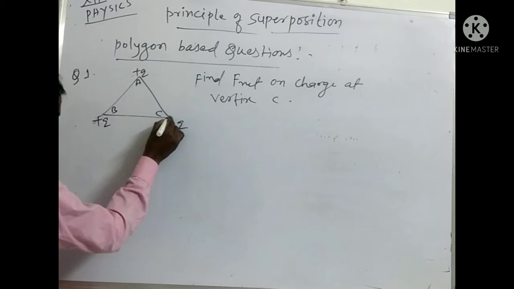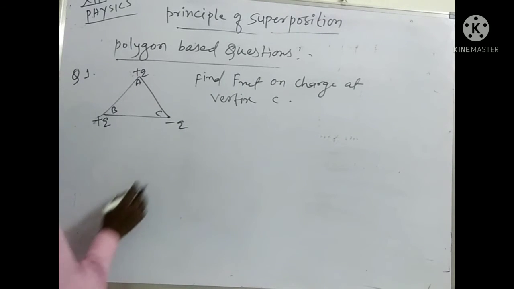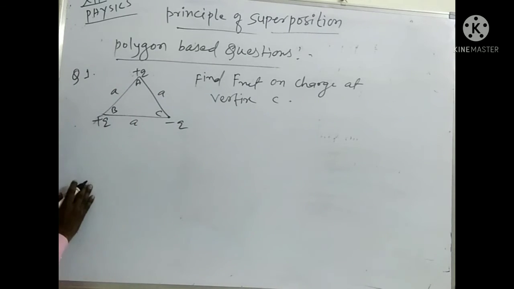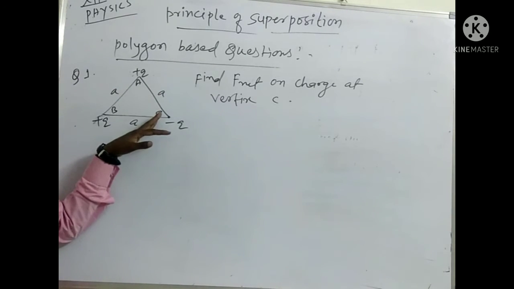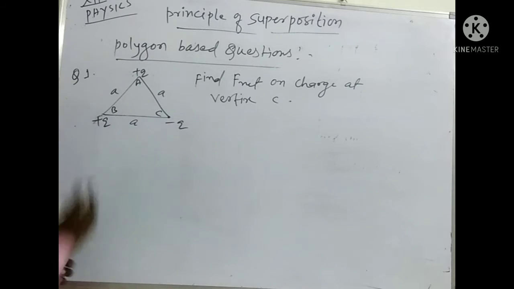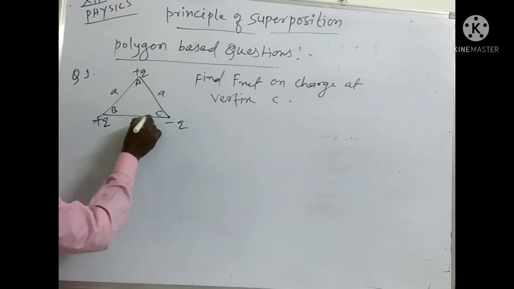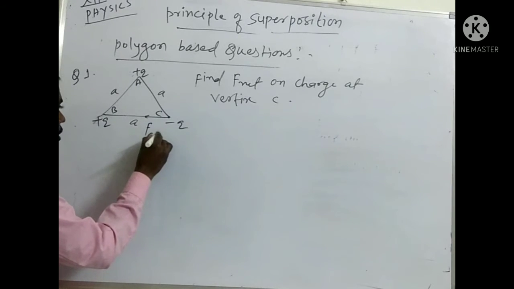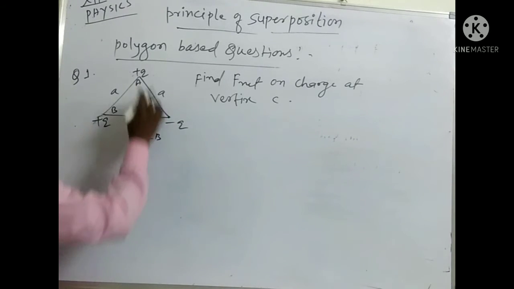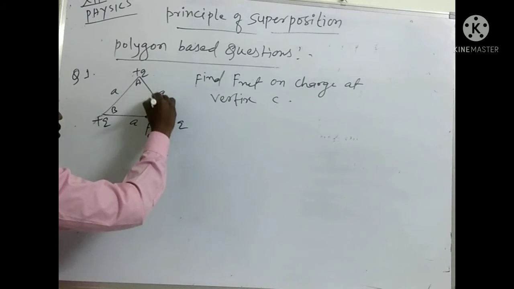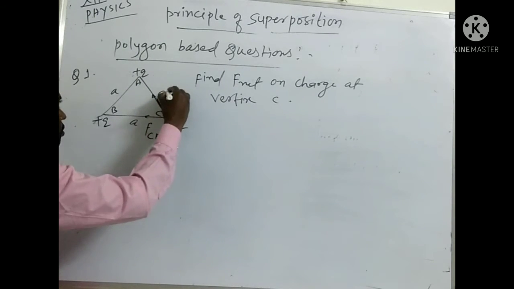How do we have to find it? Here the distance is a. Force on C due to D: here there are unlike charges, so the direction will be this side, it will be attraction. And the force on C due to A, the direction of the force will be this side.